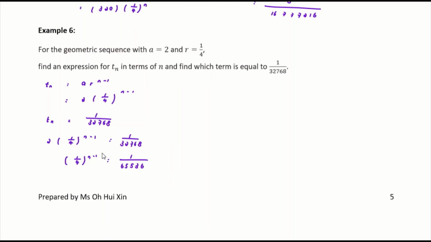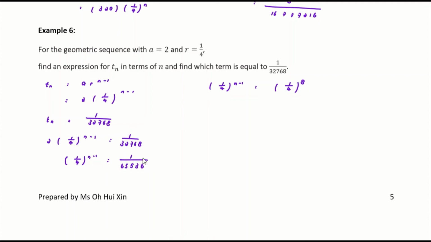Okay, so after we get this, how can we solve this? You need to equate them into the same base. So in this term, 1 over 4 to the power of n minus 1, we can try to write this as 1 over 4 to some power. You can use your calculator to calculate that. You can try out different numbers, and when you try up to 8, you'll get the same value.